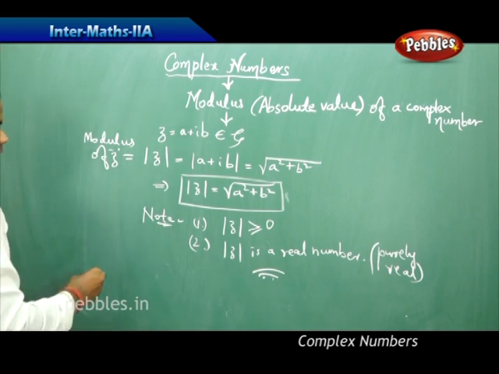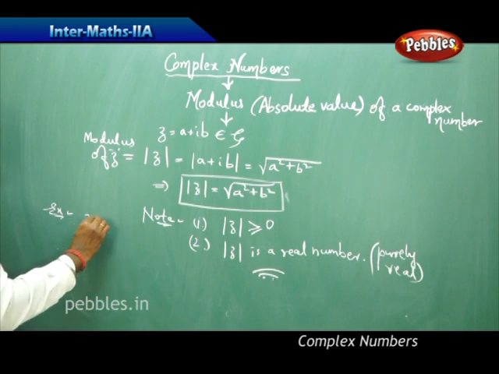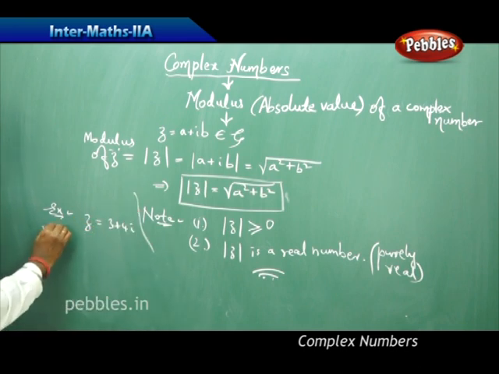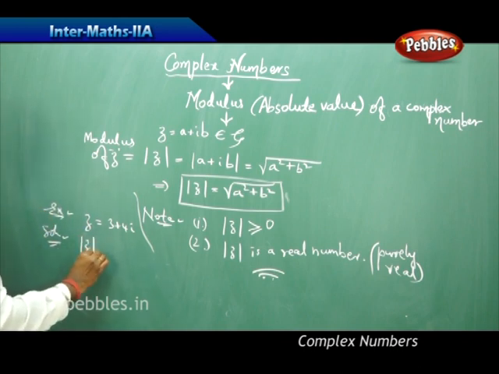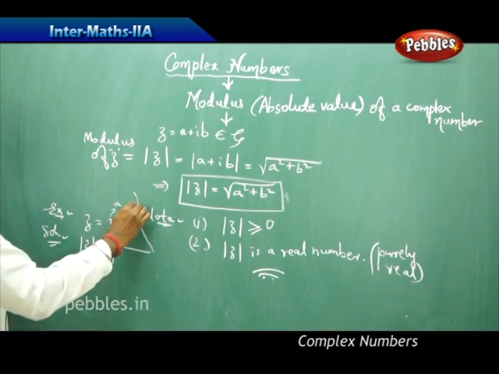Say for example, I wanted to find mod z for this. For example, if I have z equals 3 plus 4i, then how do I find modulus of z for this problem? I find mod z using this is a and this is b.